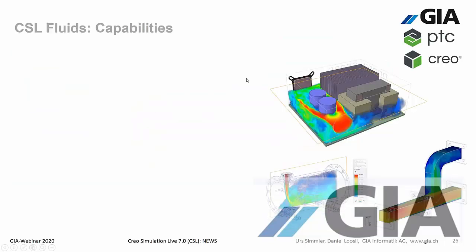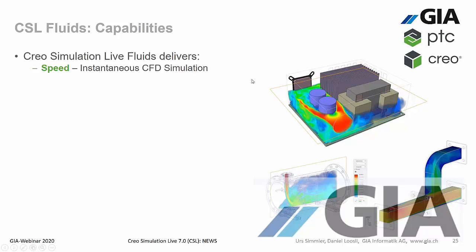Okay. What is included in the fluid capabilities? I mean, it's incredible the speed with which you can perform this analysis. I've been working 25 or 30 years in the simulation environment, and I've never seen such a speed for a simulation solution.